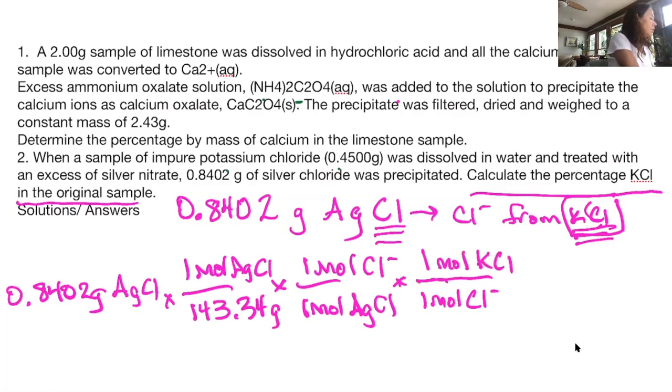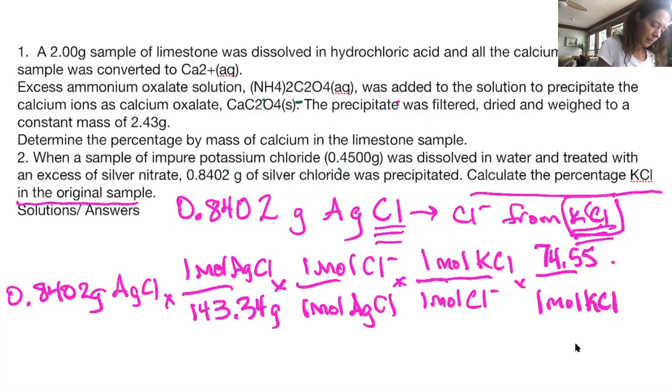And then what I will need to do is convert my moles of potassium chloride to grams of potassium chloride using the molar mass. And that's grams of potassium chloride.